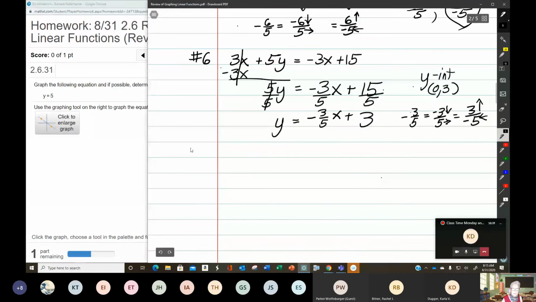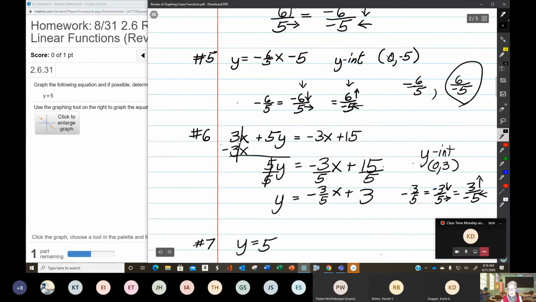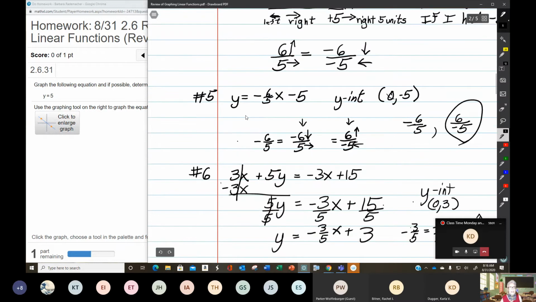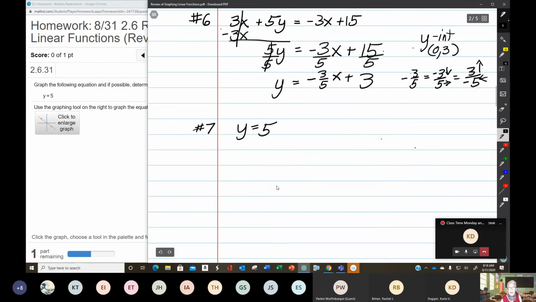This is number 7. y equals 5. When you're doing math, you expect a line to look like 3x plus 5y equals 15, or you expect a line to look like y equals negative 6/5 x minus 5. You don't expect a line to look like y equals 5. But they do look like that.